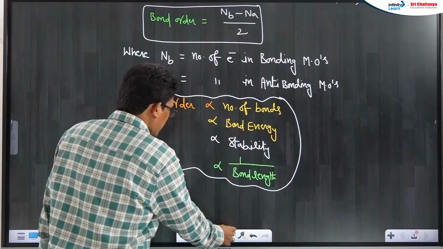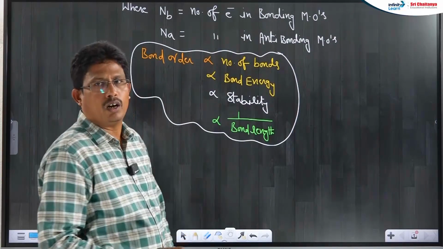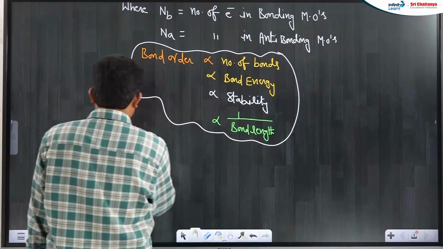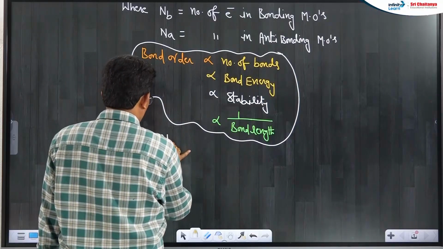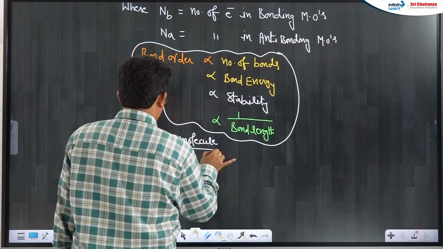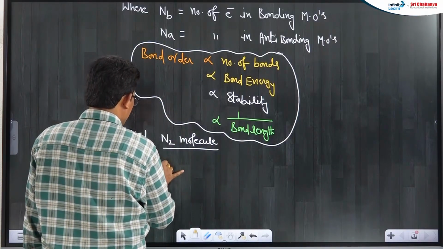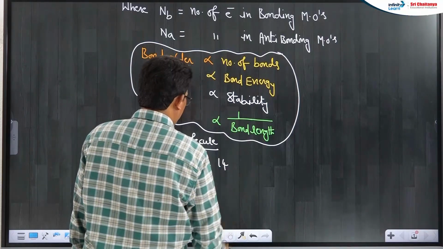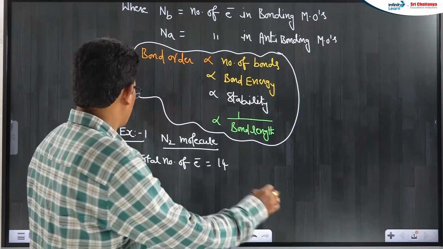Now I am going to calculate bond orders for N2 molecule and O2 molecule. First example, N2 molecule. In N2 molecule, total number of electrons equal to 14 because atomic number 7, 7 plus 7, 14 electrons.